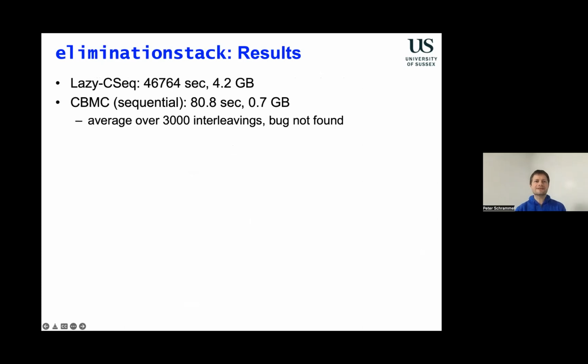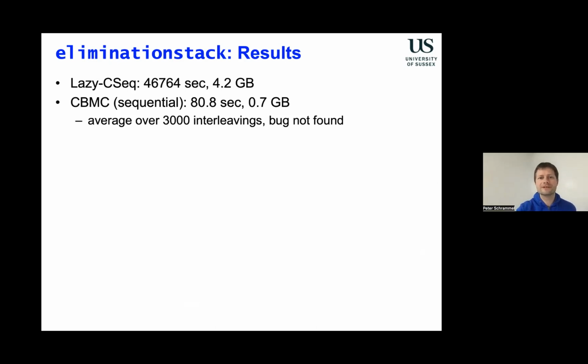So what are the results? Running lazy CSEC on the entire benchmark, so essentially picking all the interleavings at once, takes 13 hours. We then tried what happens if we pick 3,000 single interleavings and use CBMC as the backend.